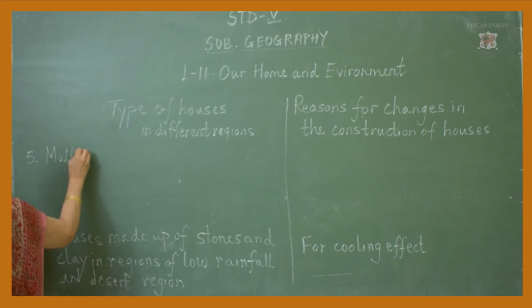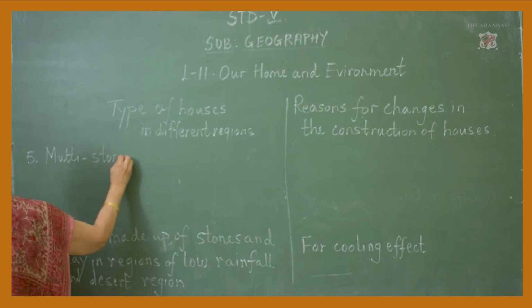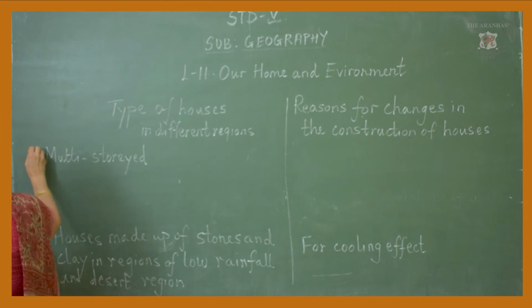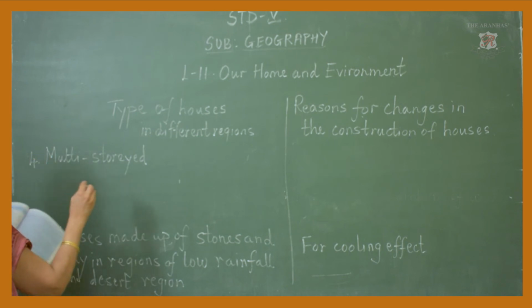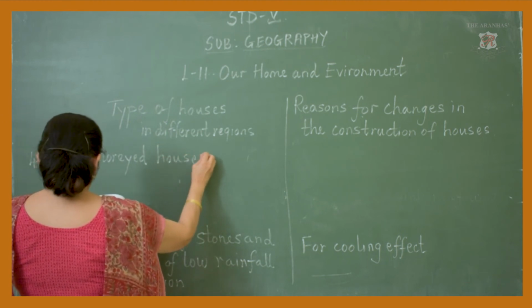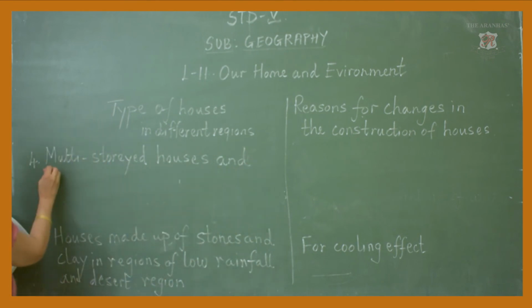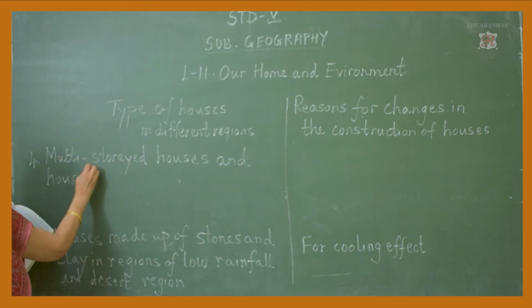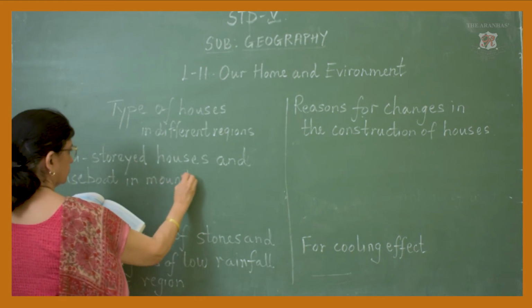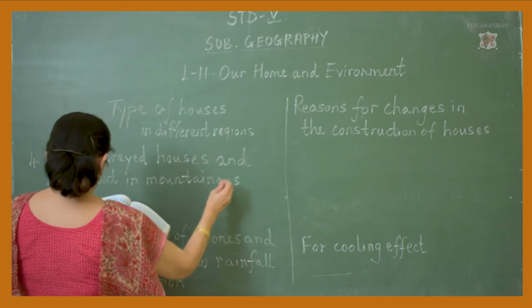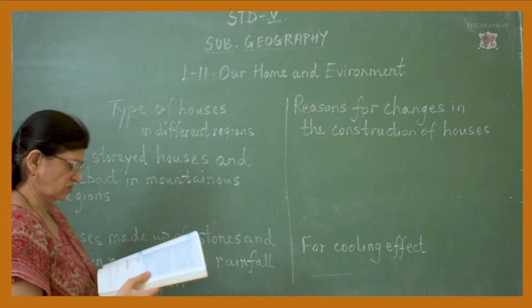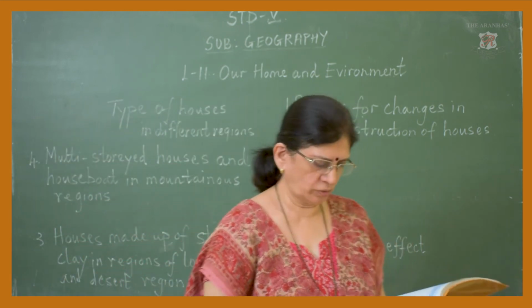The fourth one, multi-storied houses and houseboat in mountainous regions, because plain surfaces are not available in the mountainous region.